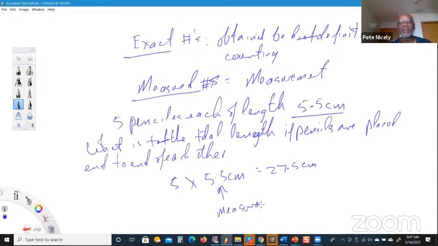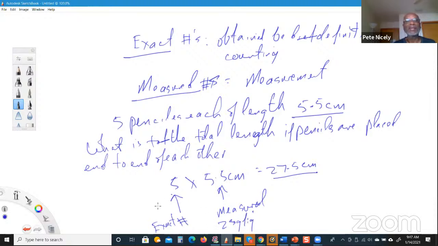The 5.5 is a measured number, while this number here is a number obtained by counting, so therefore it's an exact number, all right? So according to what we learned, whenever you're doing any multiplication, you have to make sure that your final answer is rounded off to the lowest number of significant figures. So the question now becomes, what are the number of significant figures involved in each of these numbers? For this one, it's obvious. The answer is 2 significant figures, right?